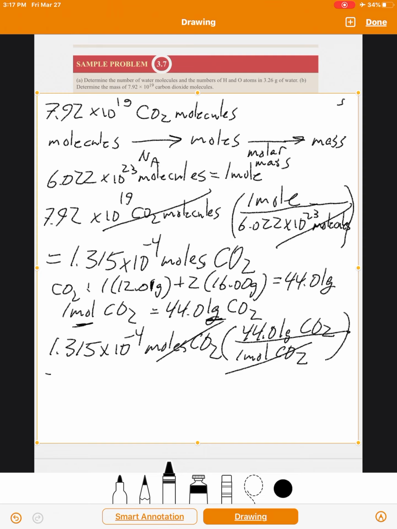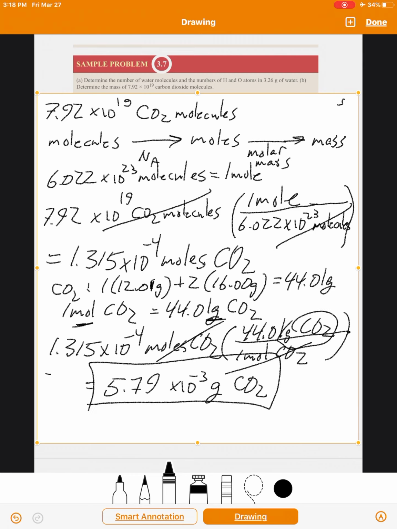So 1.315 times 10 to the minus 4 times 44.01, and you still get a pretty small number. It's 5.787 times 10 to the minus 3. I'll just round it to 5.79 grams of CO2. So there's our answer for part B.